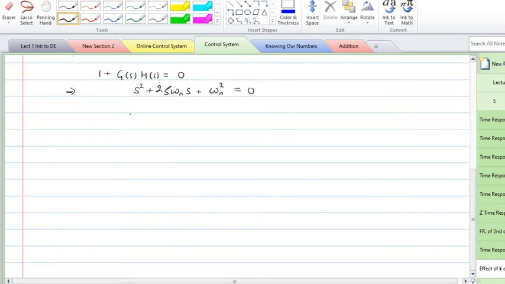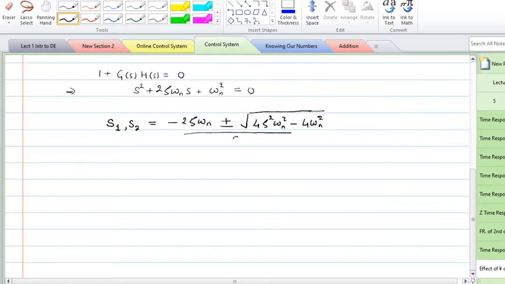So we can write s1, s2 equals minus 2 zeta omega n plus minus under root 4 zeta square omega n square minus 4 omega n square, by 2.